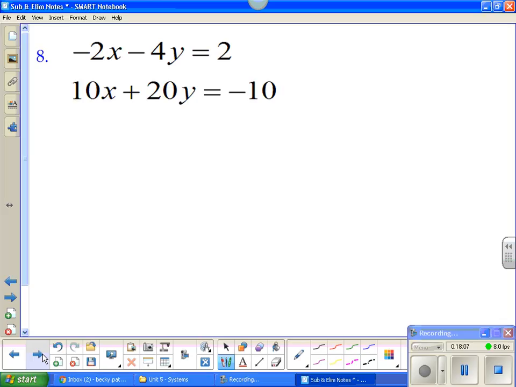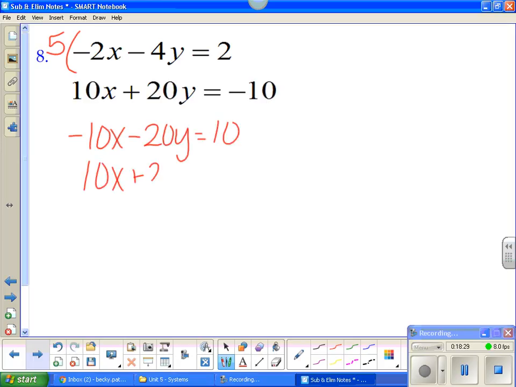Okay, last problem. So if I want my x's to cancel, I'm going to turn them both into a 10. So multiply the top by 5. It's already got the negative. Just needs a 5. If I want my y's to cancel, I would get them up to a 20. So again, I would multiply the top by 5. So either way, we're multiplying by 5. And then I slide the bottom equation back up under.